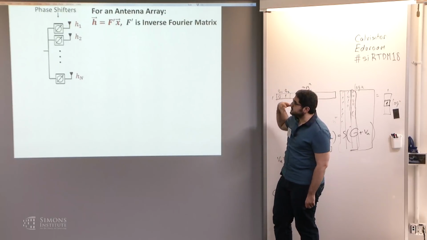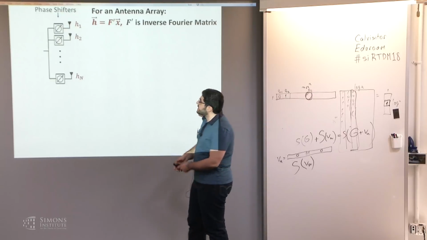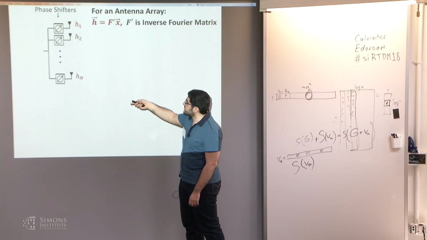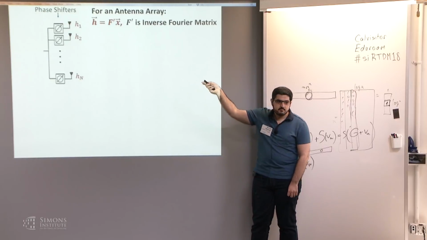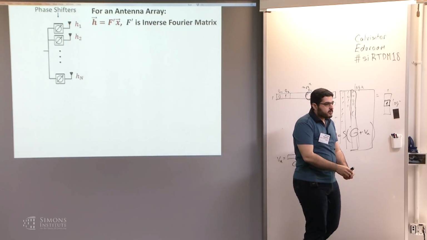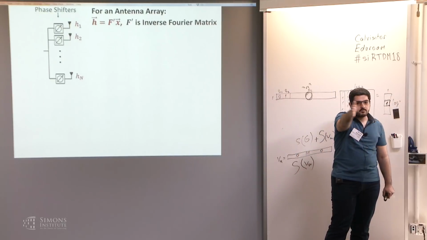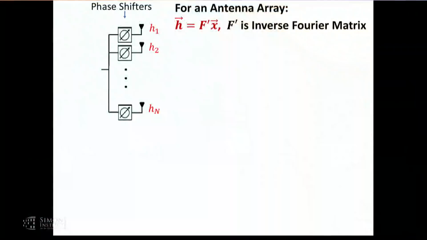Now, if we look at the antenna array theory, the math tells us that the signal on each antenna is actually nothing but an inverse Fourier transform matrix multiplied by the vector x, where x represents the directions where the signal can come from. So if x is a vector that represents the different directions, and F is the inverse Fourier matrix, then the signal on each antenna is just F times x. And then what you can control is how you set these phase shifter values.